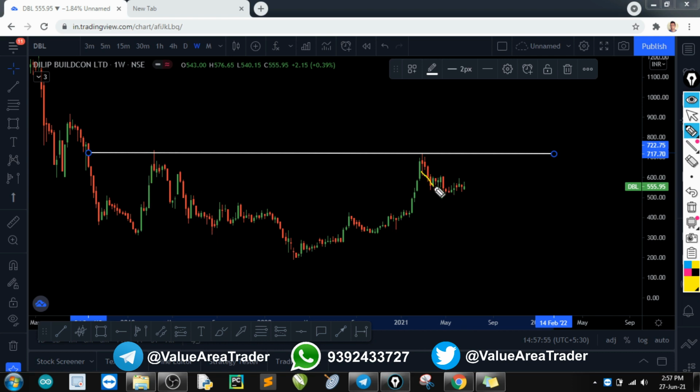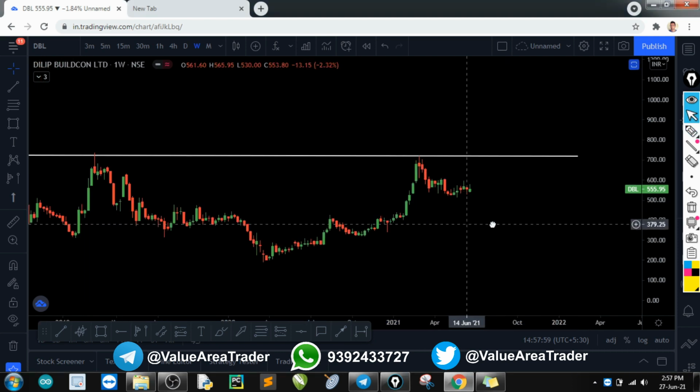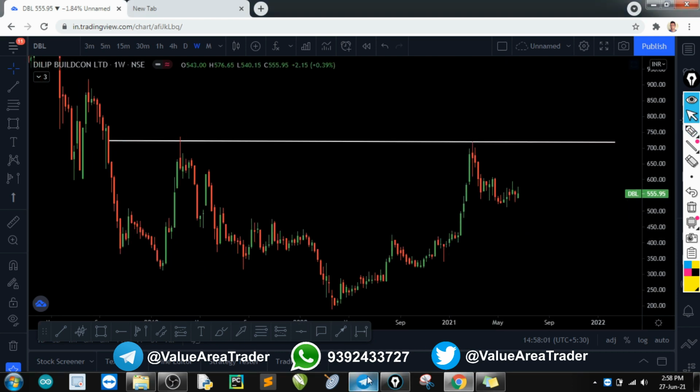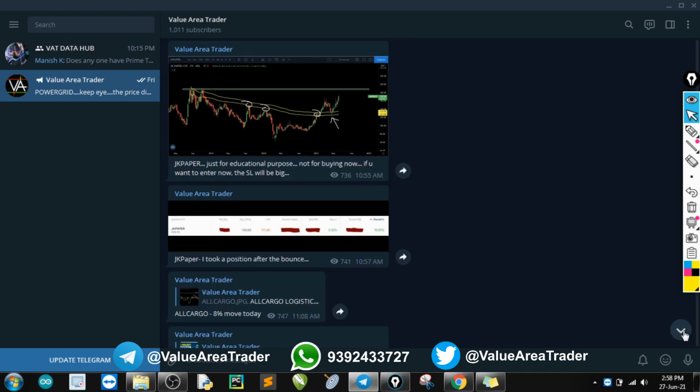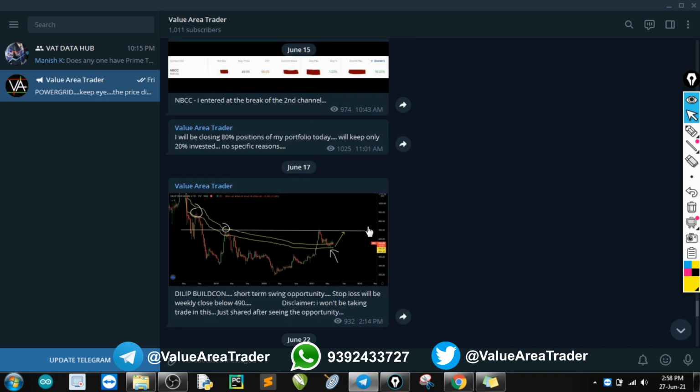And right now it looks like this is slowly taking a reversal. So that's why I did give Dilip Buildcon in the Telegram, if I am right. Yes, I think this is Dilip Buildcon.